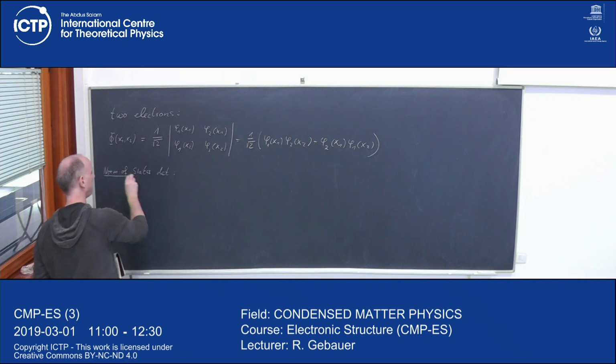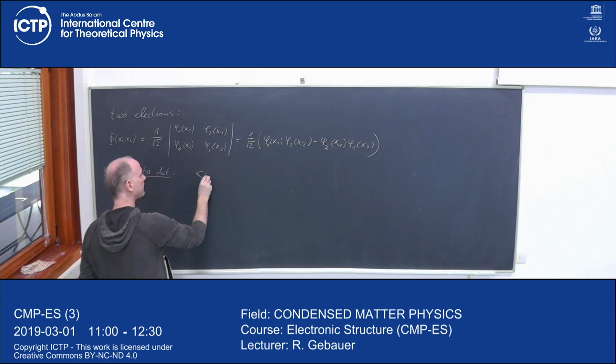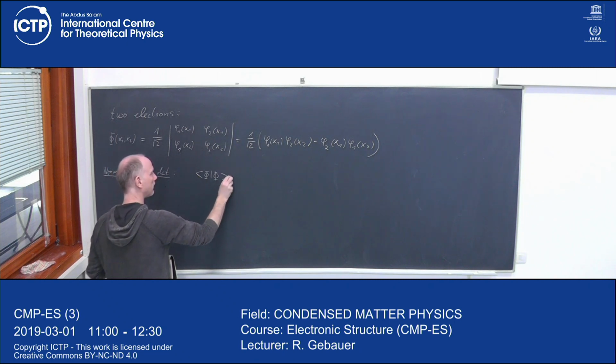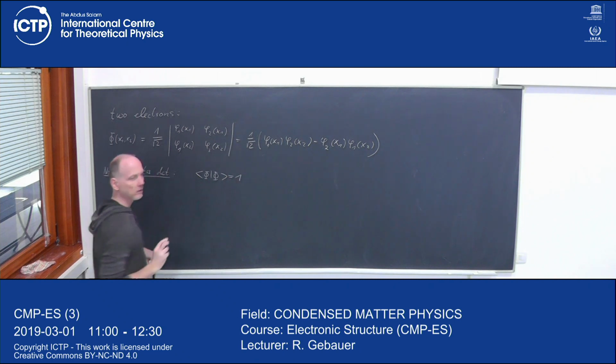Because obviously what we would like to have is that phi times phi is always 1. We want normalized many-body wave functions. So let's calculate this.